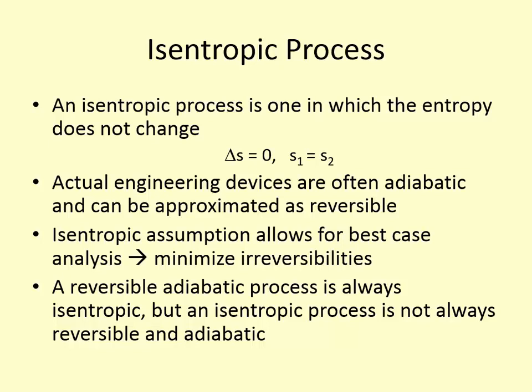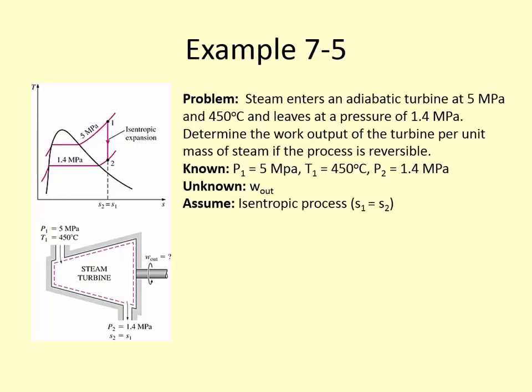Okay, so let's do an example of this. Steam enters an adiabatic turbine at 5 megapascals and 450 Celsius and leaves at a pressure of 1.4 megapascals. So let's determine the work output of the turbine per unit mass of steam if the process is reversible. So what are the two keywords in this problem that allow us to make a specific assumption?